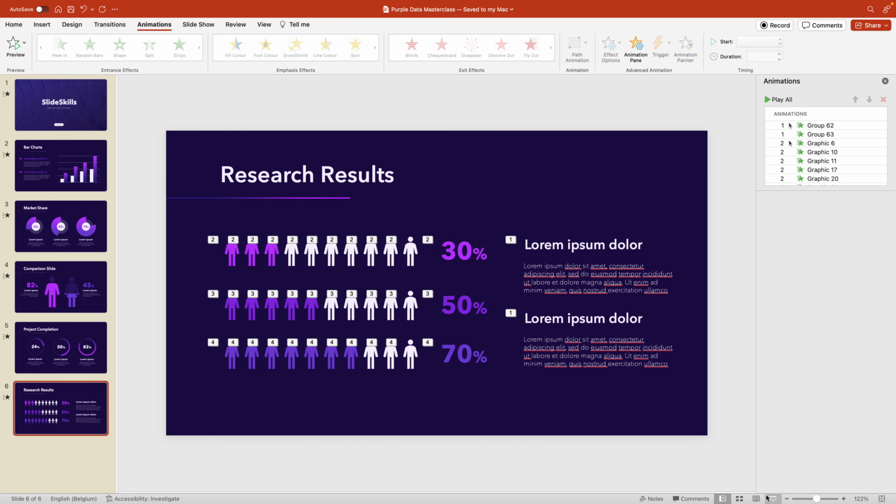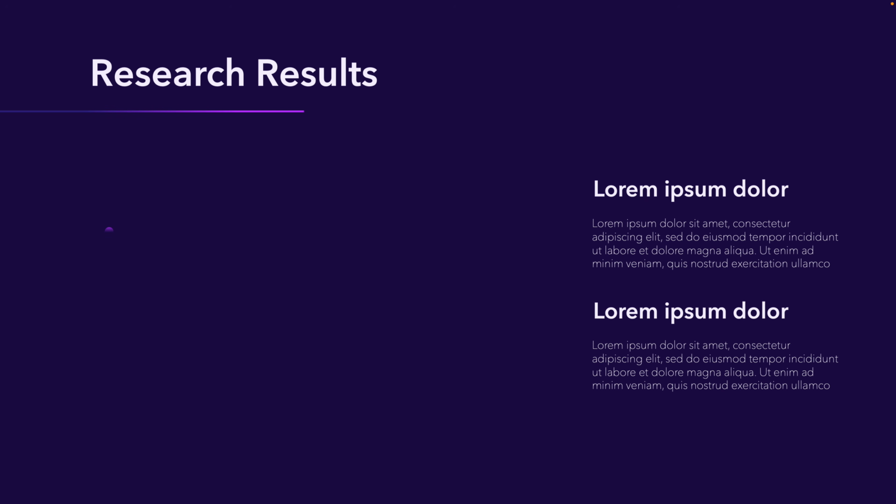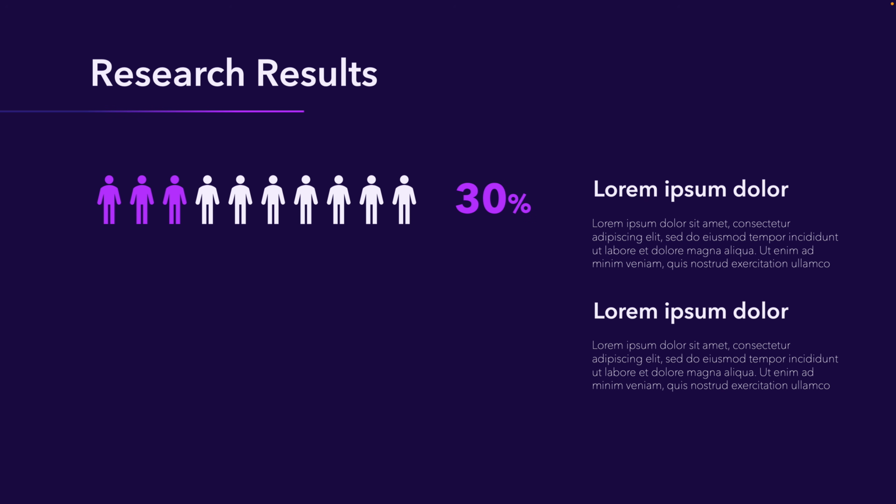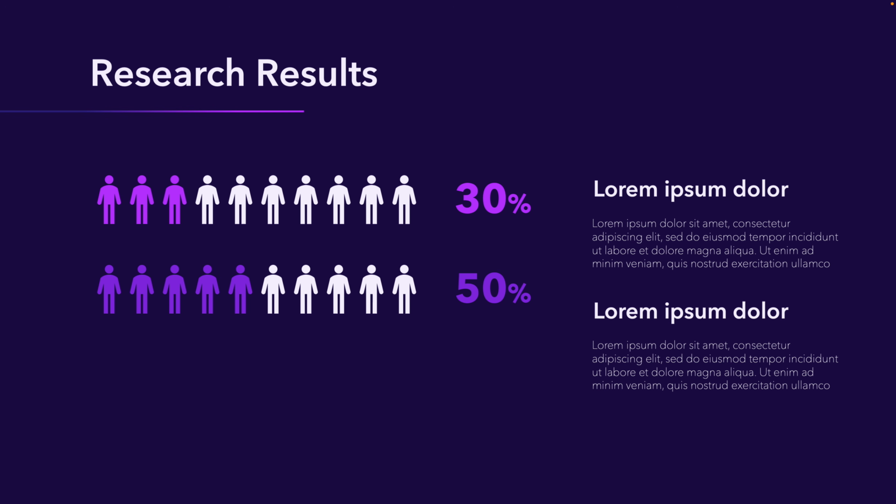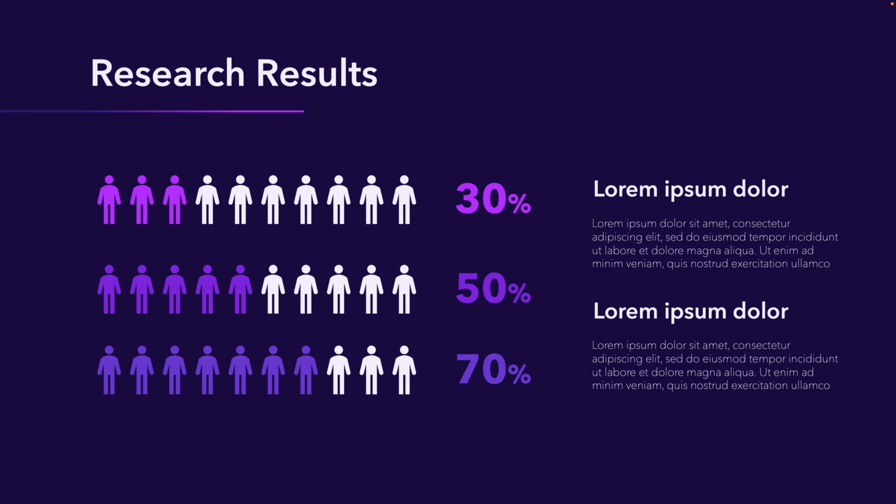So let's preview what we have and what that would look like, which means if you click now, you get the text, click again and you get the numbers, so they kind of wave in, or you do them all at once and they happen like this. So it depends on the style that you want to create. You could use this cool effect.